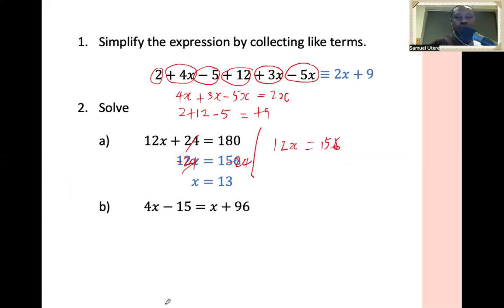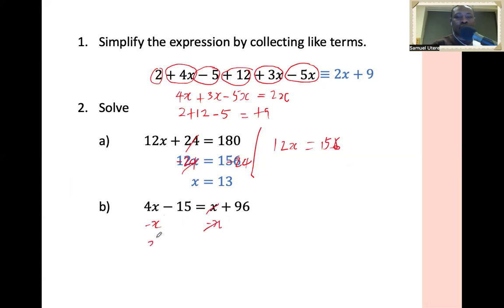For this one, whenever you have letters on both sides of the equation, always start by trying to eliminate the lowest letter. Now, in this case, if you compare 4x and x, the lowest letter is the x. So it means we have to subtract x from both sides.